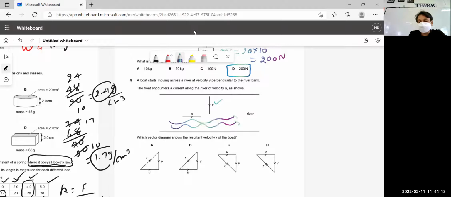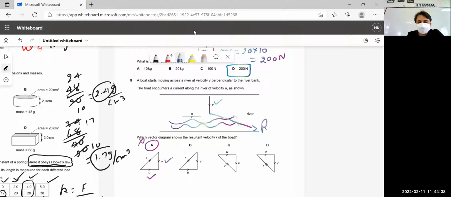I can predict that this boat will move along this direction. Instead of going straight, it will turn because the water current is exerting a force on the boat. So this is the answer I am getting. So where could I find this answer? If you are looking at option A, why is option A wrong? This is a wrong answer.